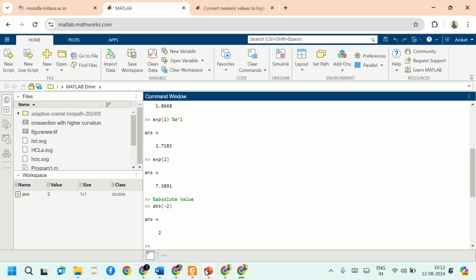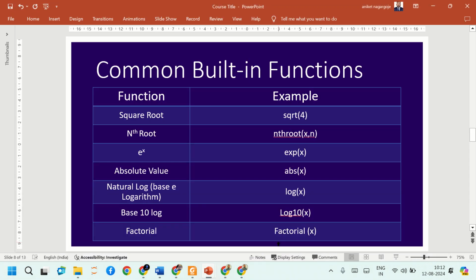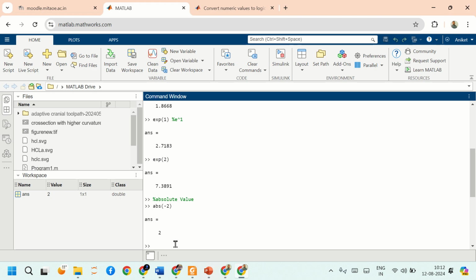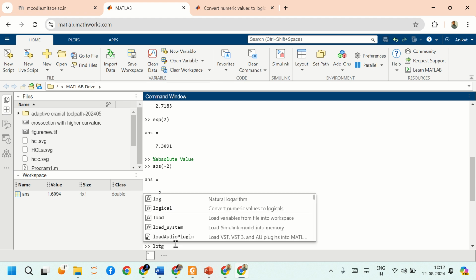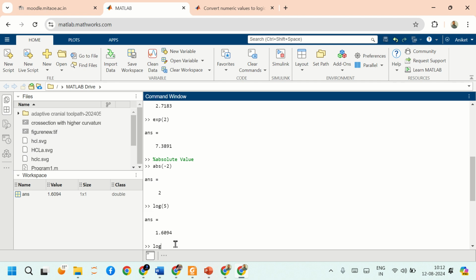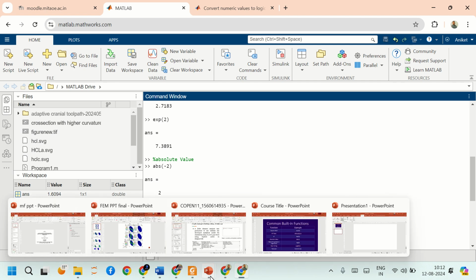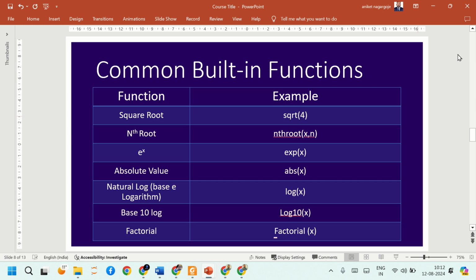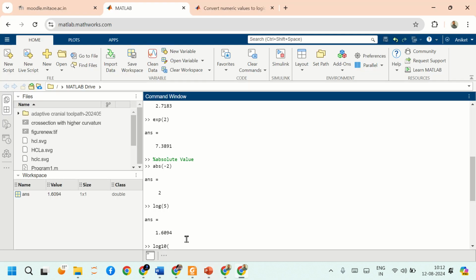Okay. Then we have the next things, natural log, log to the base 10, and factorial. So natural log works like this, using log 5 or log x. That's the function. Now if you have to do a log base 10, let me see the function. Yes, it's log10 of 5.